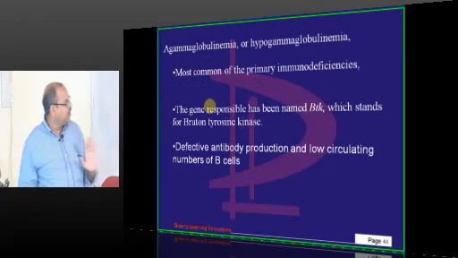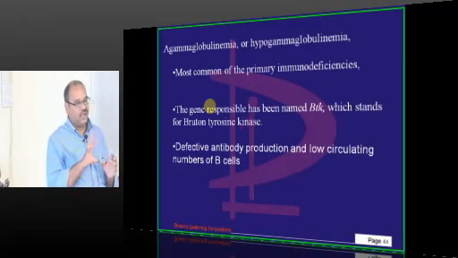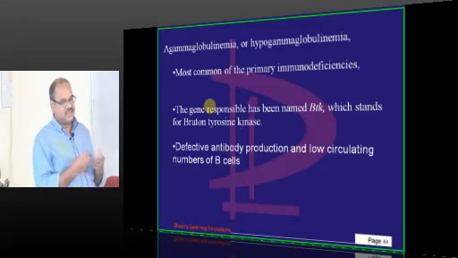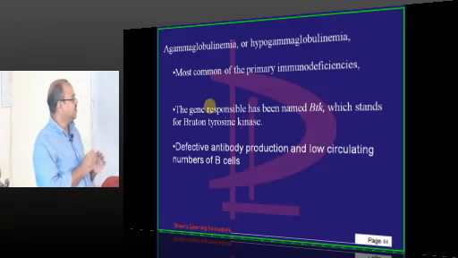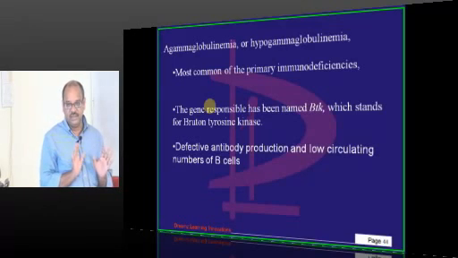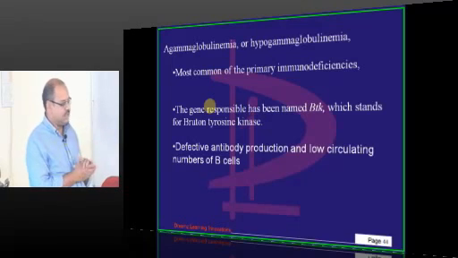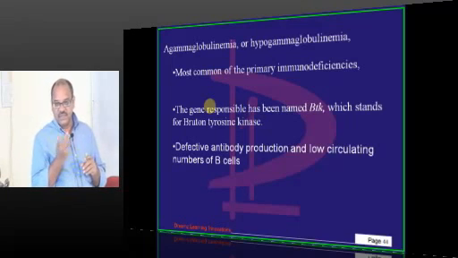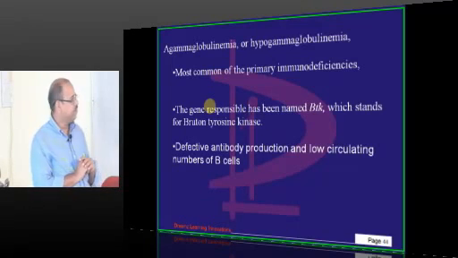Agammaglobulinemia or hypogammaglobulinemia: agamma is complete absence of gamma globulins, and hypo is less compared to normal. It is one of the most common of the primary immunodeficiencies. HIV and such are secondary immunodeficiencies.